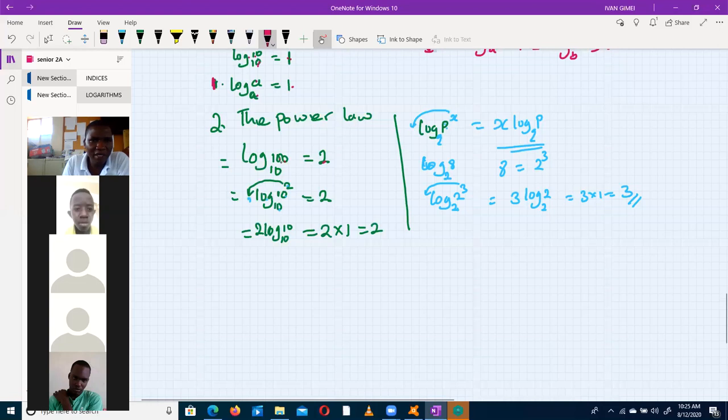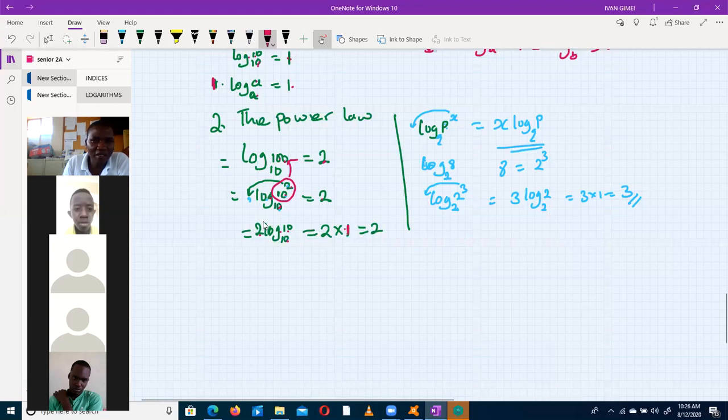So I write log of 10 squared base 10 is the same as 2. If I carry out these two, I bring it this side. Our main is log of 10 base 10. But know that log of 10 base 10 is the same as 1. If you're finding the log and the number is the same as the base, then that will be the same as 1. That's why you have this 1 here.